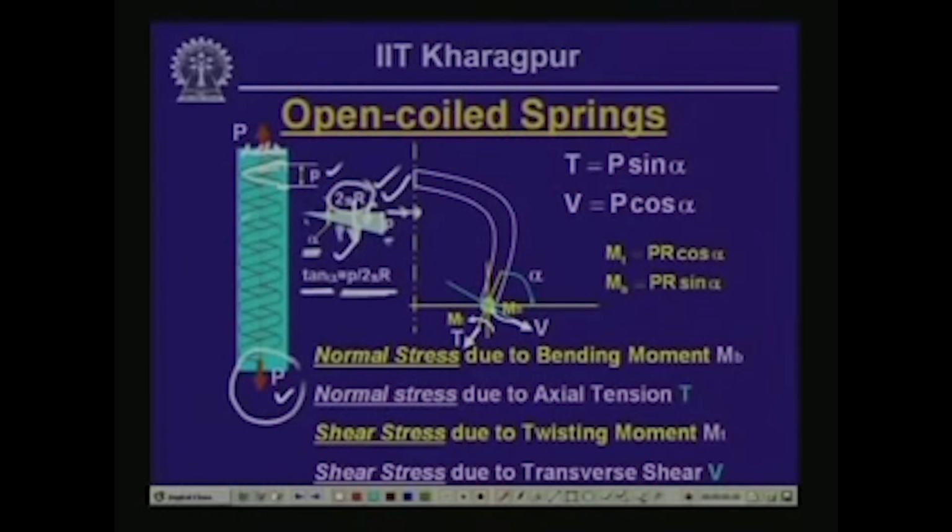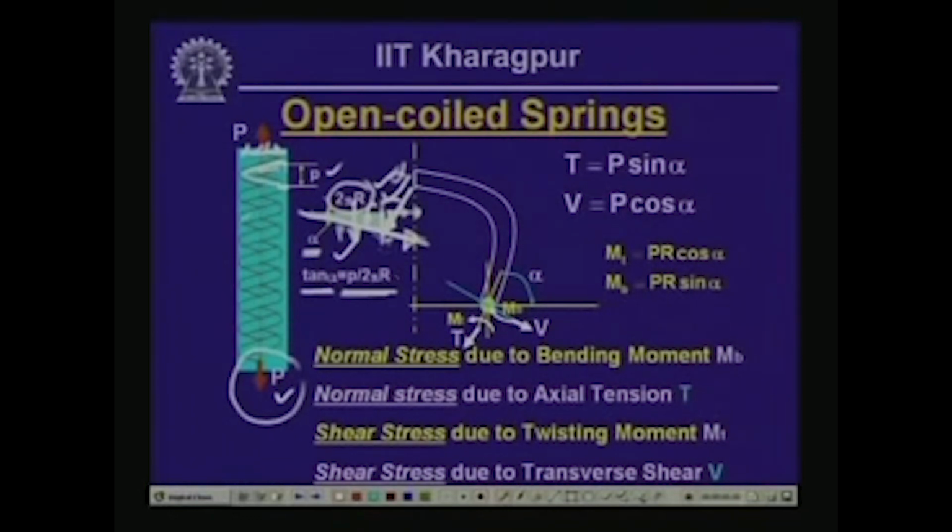Now, because of the inclined plane, if we resolve these forces along this and perpendicular to this direction, what do we get? This is the direction of the axis of the spring wire, and the force which is acting is in this vertical direction. So, perpendicular to this makes an angle alpha. So, we get the component as P cos alpha, and along the axis will be P sin alpha.